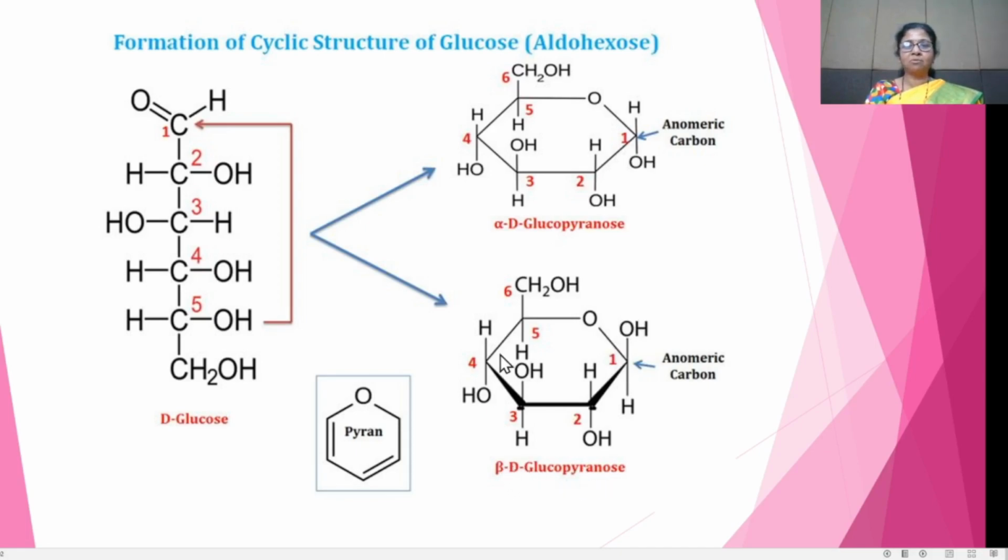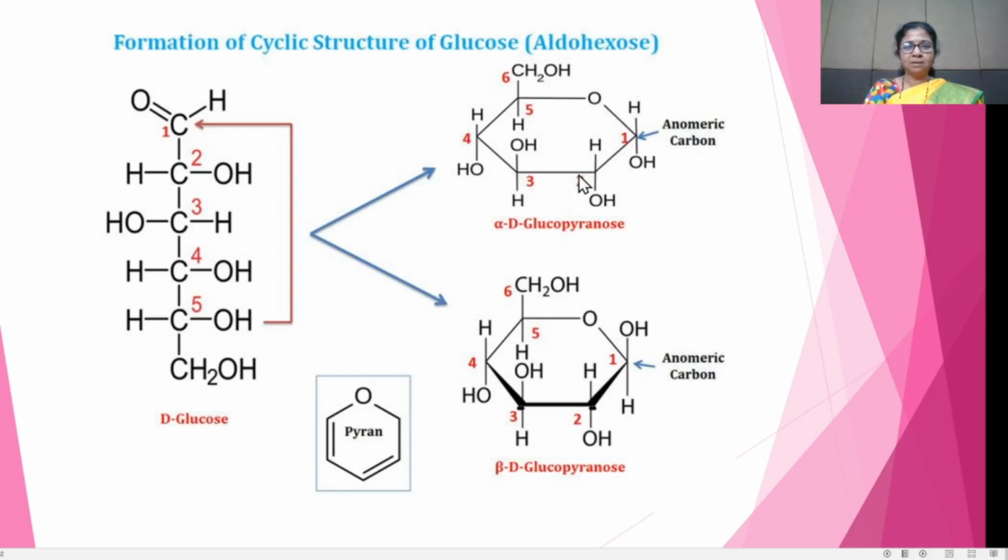That means there is the formation of cyclic structures, and these are of two types, alpha and beta. It is denoted by the anomeric carbon atom which has the OH group. If the OH group is on the alpha side, that means below, then it is called alpha. And if the OH group is above, on the beta side, then it is called the beta cyclic structure.